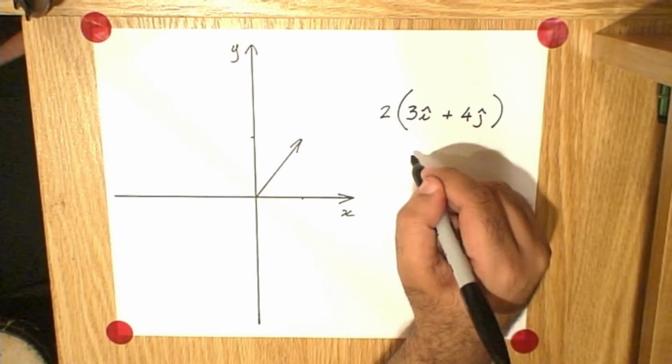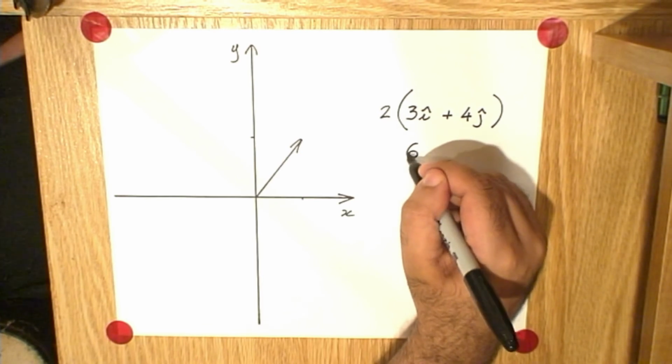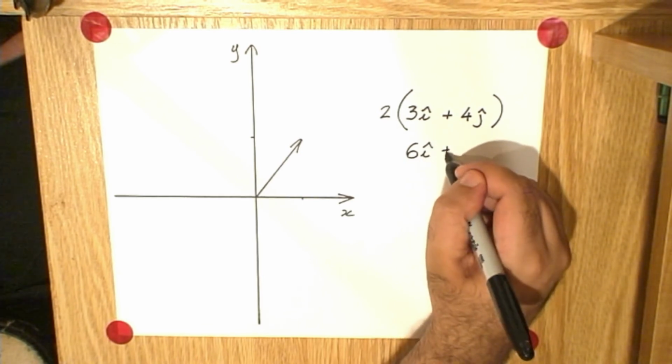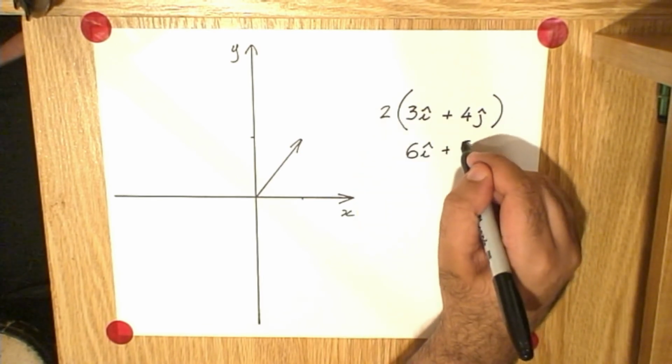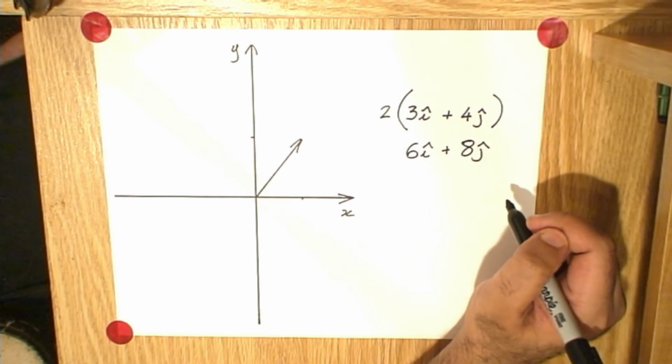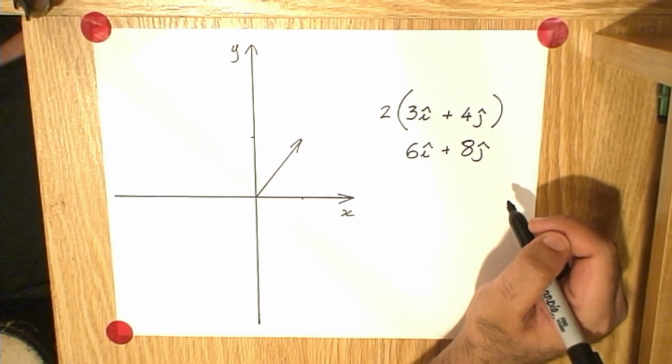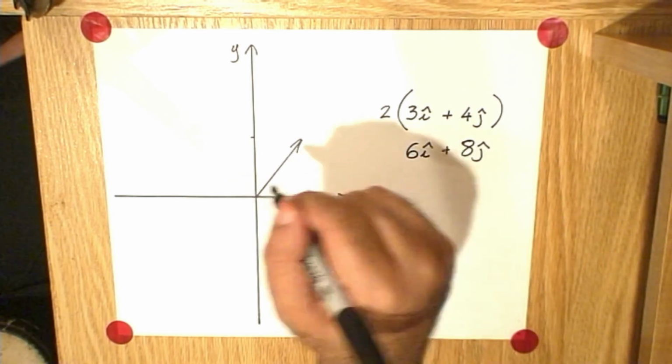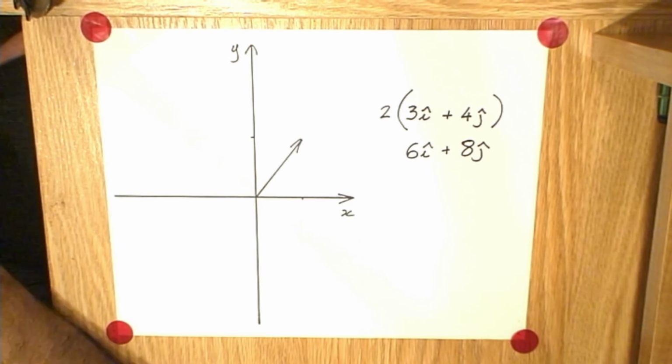So 2 times 3i gives us 6i hat, plus 2 times 4 gives you 8j hat. And that's all we have to do in order to scale this vector by a factor of 2.